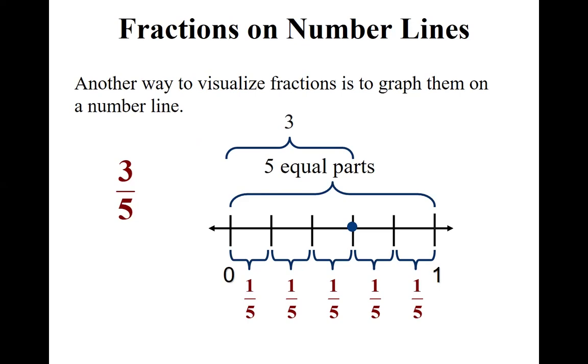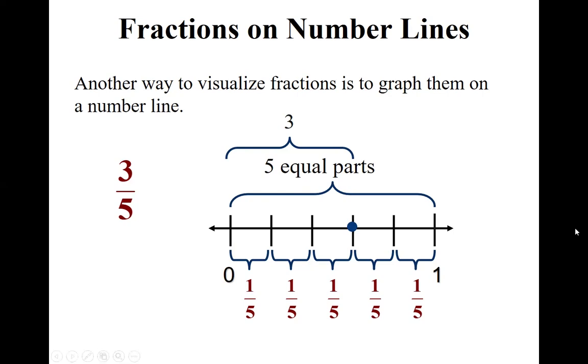And 3 of those 1/5s together would represent 3/5. So as we go from 0 to 1, our notches would be 1/5, 2/5, 3/5, 4/5, and then 5/5. And 5/5 equals 1 because 5 divided by 5 is 1.